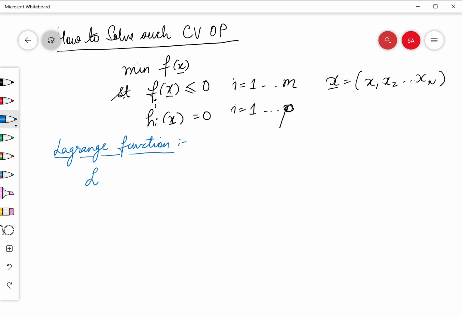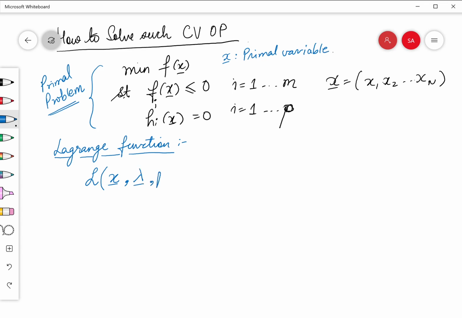The Lagrange function is a function of x, which is called the primal variable, and this is also called the primal problem. It is also a function of lambda and nu, which are called dual variables.